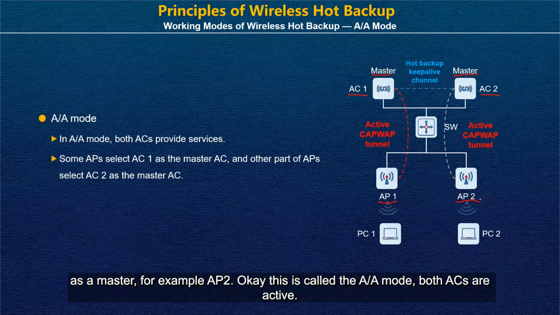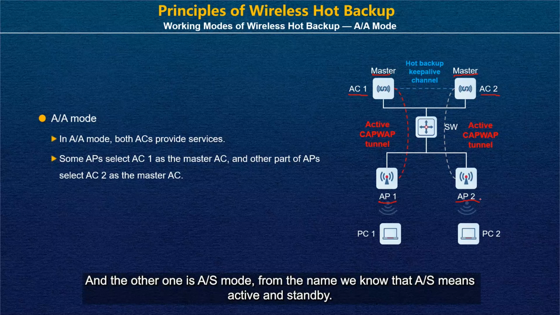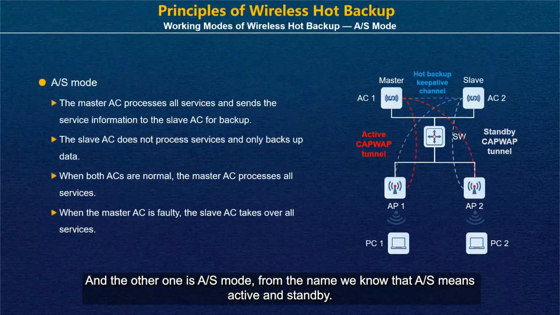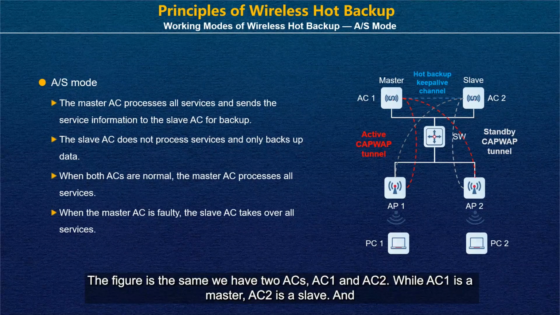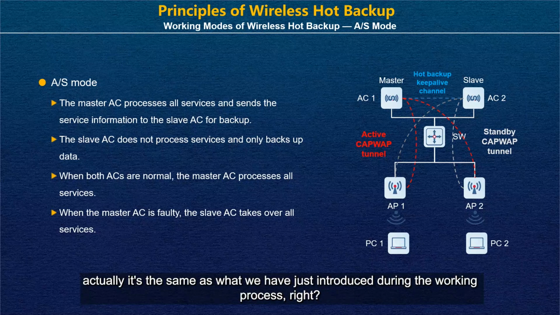Both ACs are active. The other one is the AS mode. From the name, we know that AS means active and standby. The figure is the same. We have two ACs, AC1 and AC2. AC1 is the master, AC2 is the slave, and actually it's the same as what we just introduced during the working process.